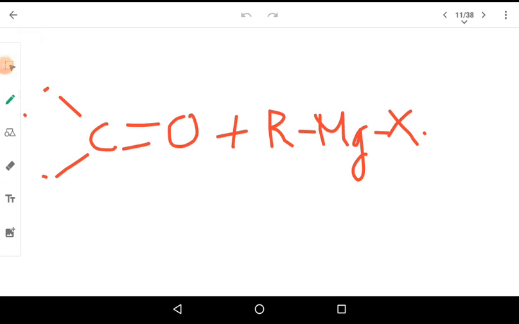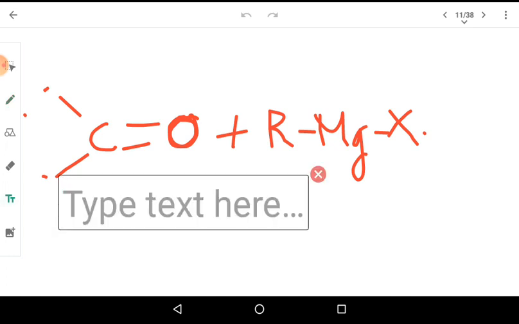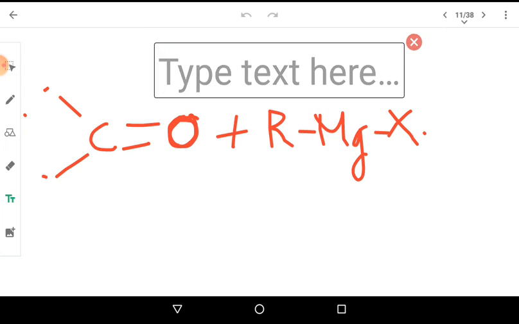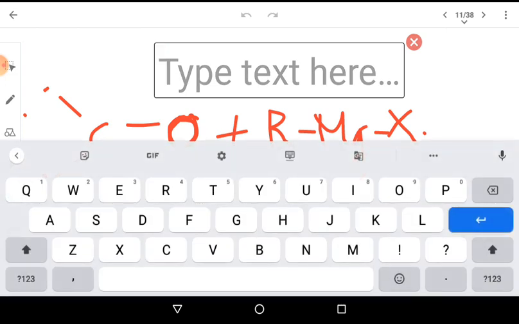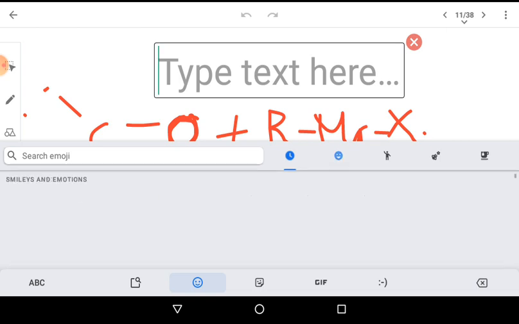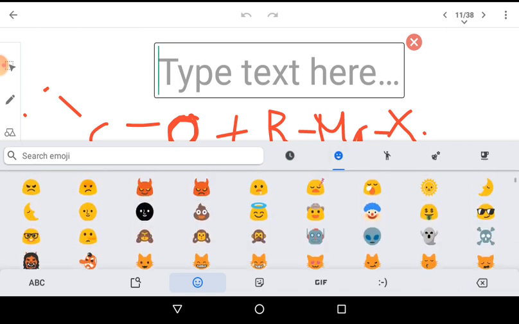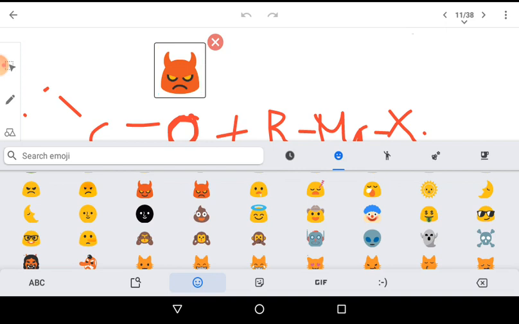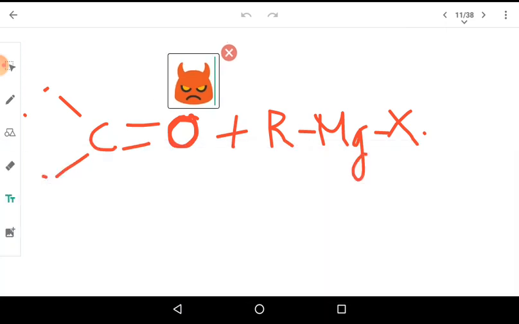Now what are we going to do? Here the oxygen is not a good fellow. He is not at all a good fellow. So let us use an emoji here for oxygen.